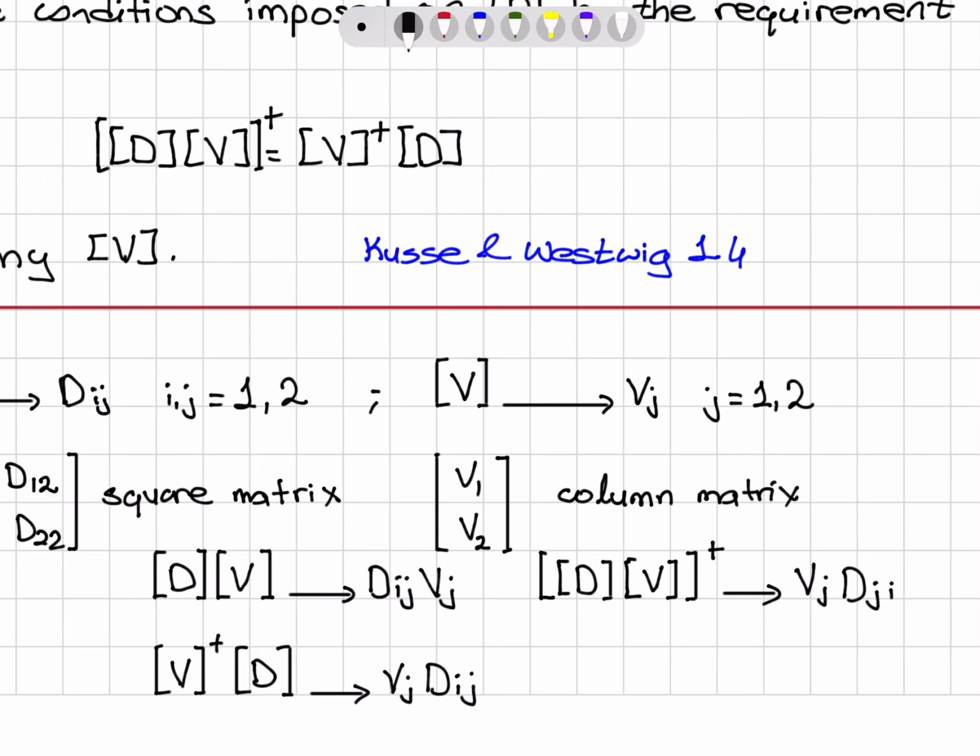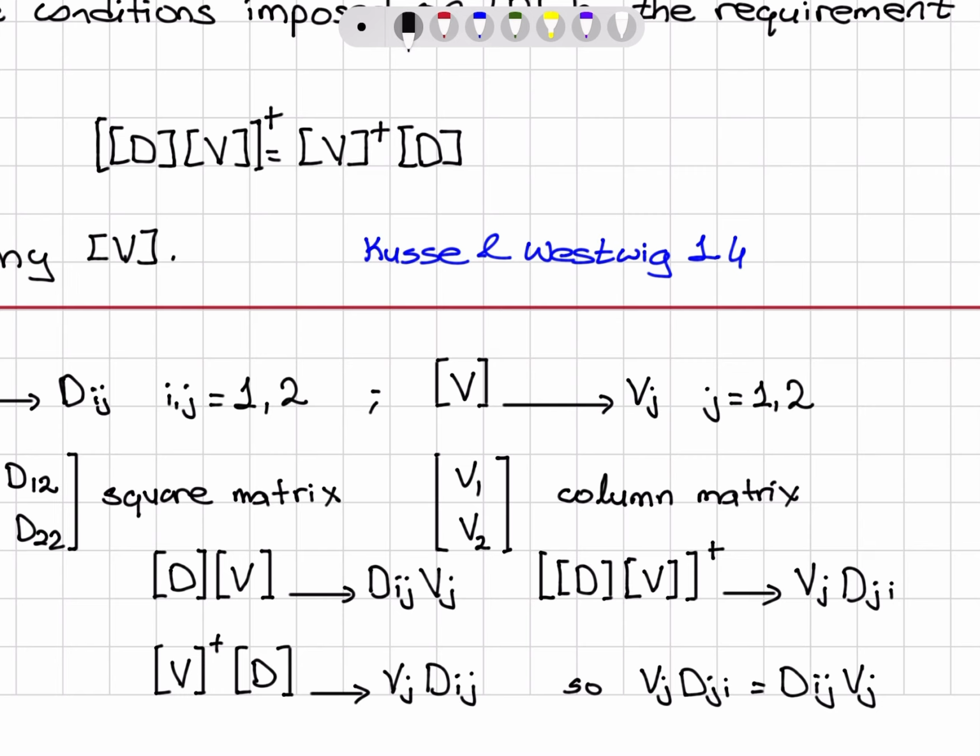So what do I find? I find if these two are equal, Vj Dji must be equal to Dij Vj.